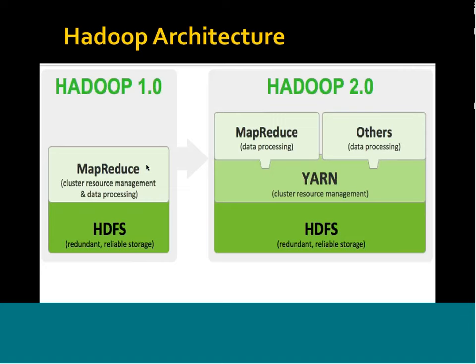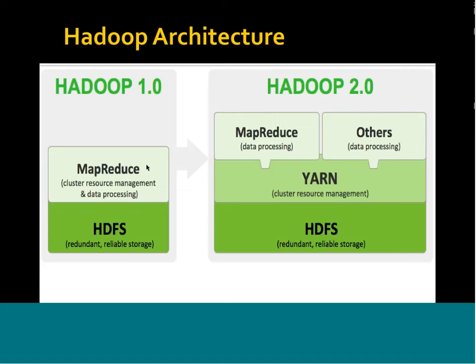But when it comes to Hadoop 2.0, they added extra components to it. They said that now we are going to give you a much smarter engine, which will not only include MapReduce, but we are going to decouple the cluster resource management responsibility. For example, in Hadoop 1.0, the MapReduce engine takes responsibility of not only data processing but also cluster resource management. But in Hadoop 2.0, it is decoupled.